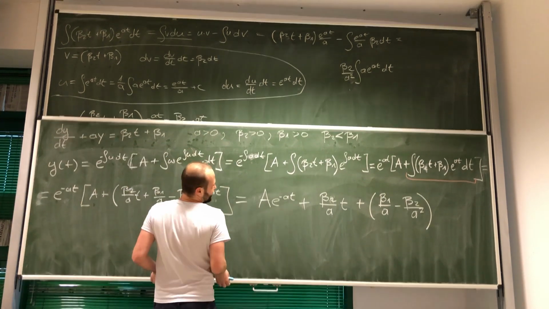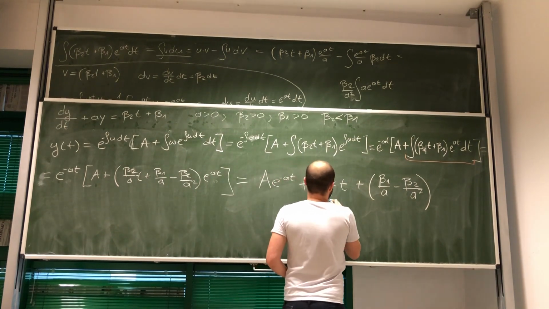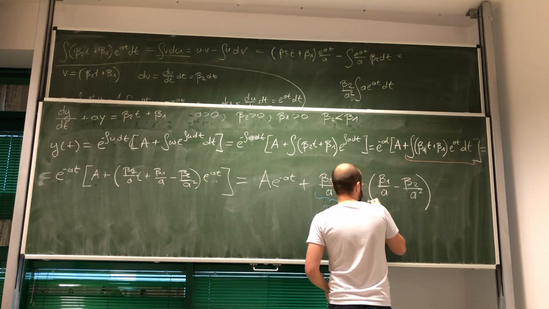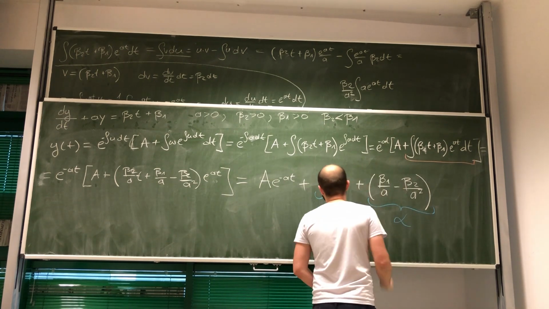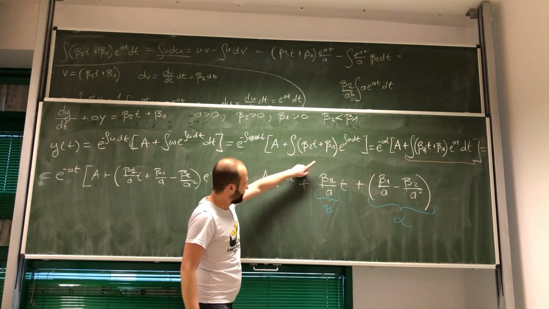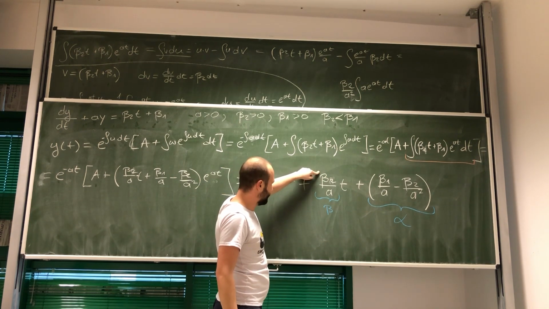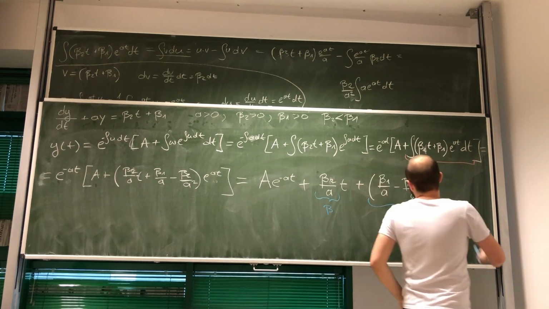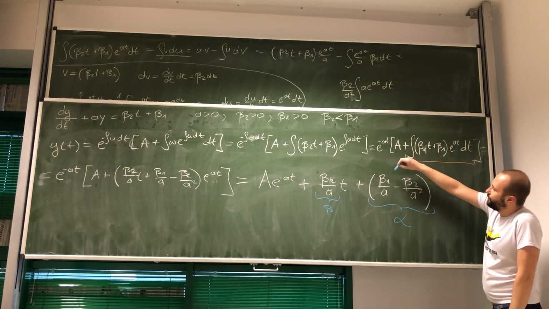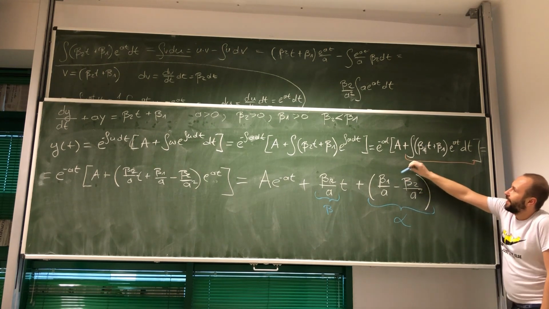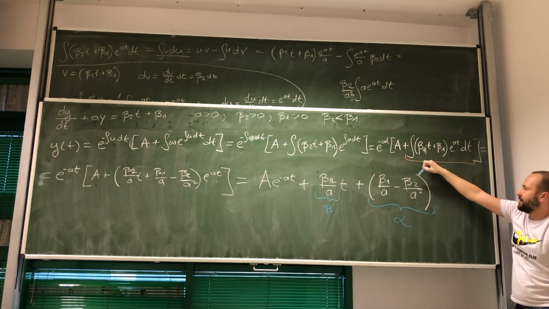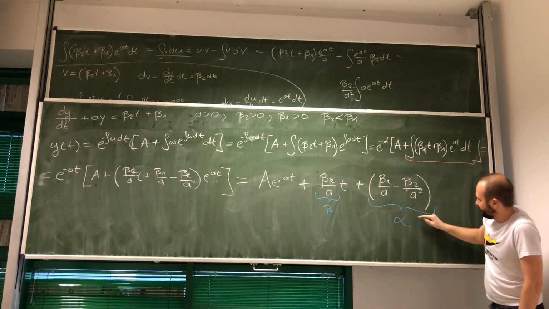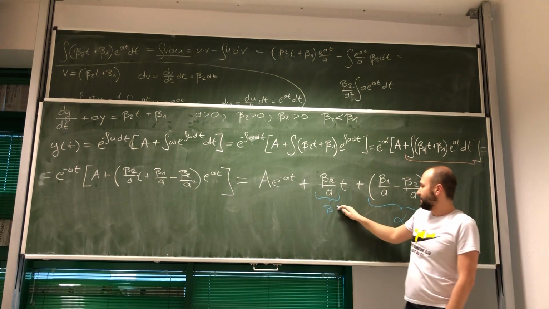So let's say that this we're going to call beta, and this one we're going to call alpha. Look, beta is definitely positive because both of those are positive. Now, here beta 1, we said, is far greater than beta 2, so we can also be sure that alpha is bigger than 0.